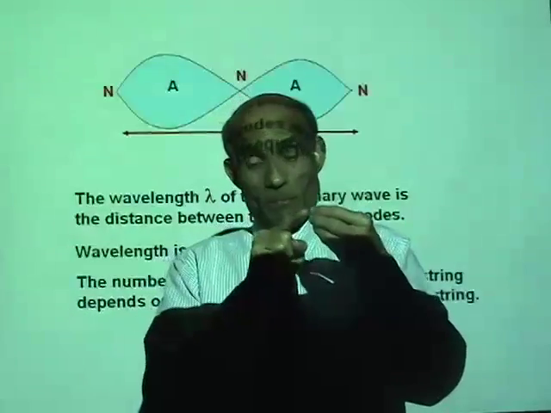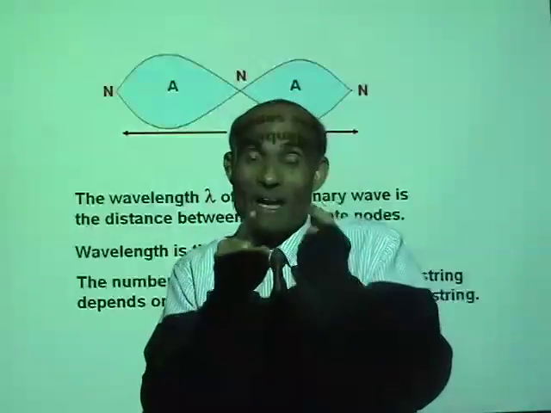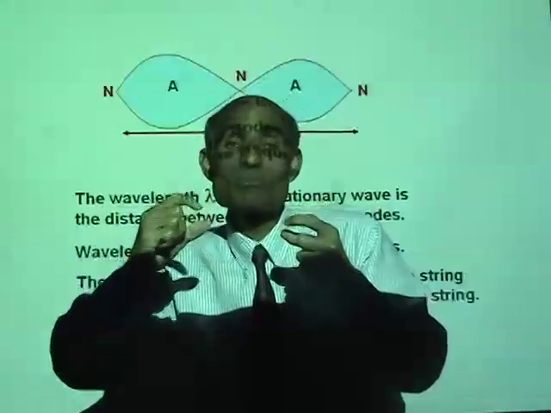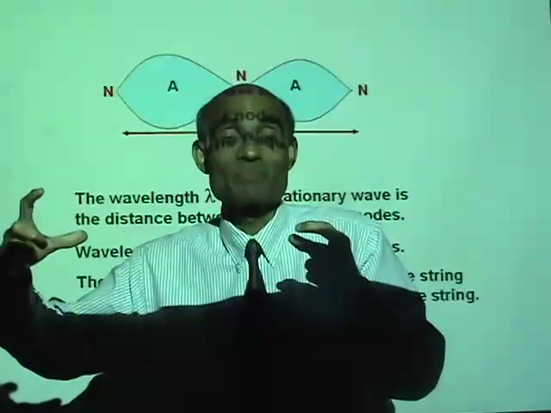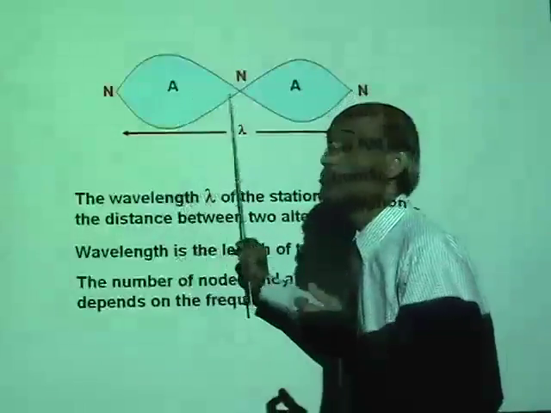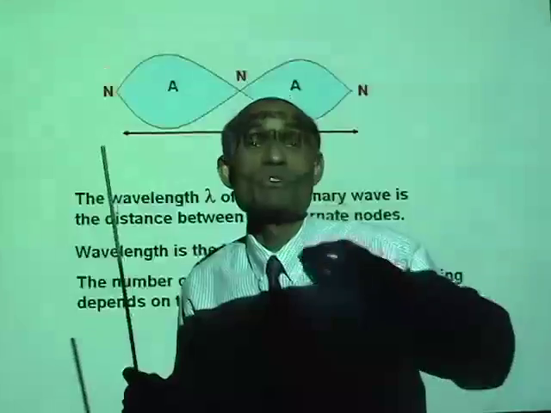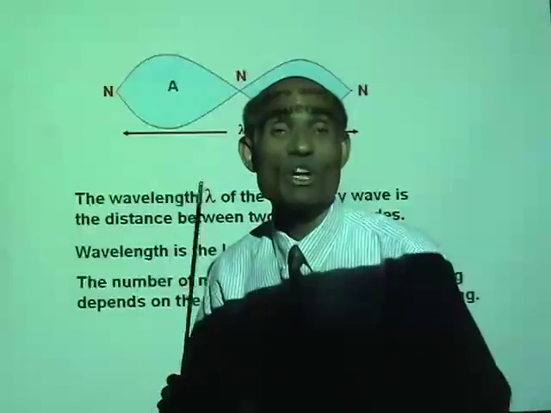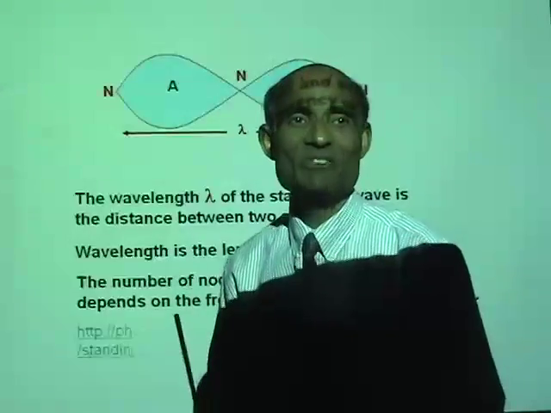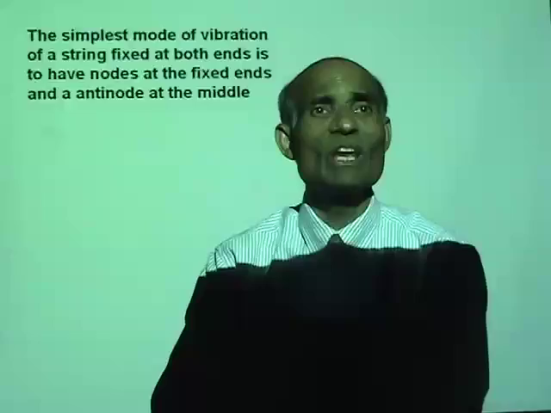If the vibrator does 3 vibrations, then the string will vibrate in 3 segments. That means the number of segments produced in a stationary wave depends on the frequency of vibration of the vibrator. I will show that to you in a demonstration a little later.